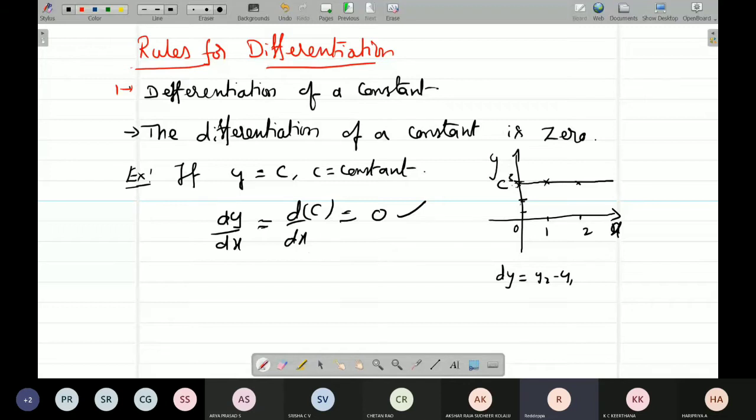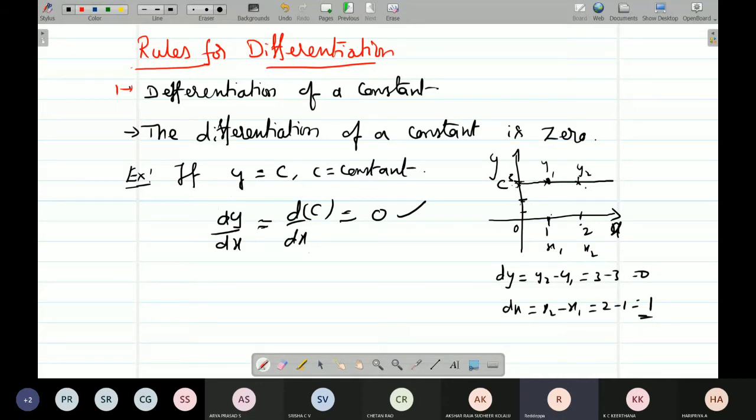Between two values, x1 equal to 1 with y1 equal to 3, and x2 equal to 2 with y2 also equal to 3, the change in y is y2 minus y1, which is 3 minus 3, equal to 0. Whereas dx is x2 minus x1, which is 2 minus 1, equal to 1. We get a positive change in x, but the change in y is 0, because it is constant.